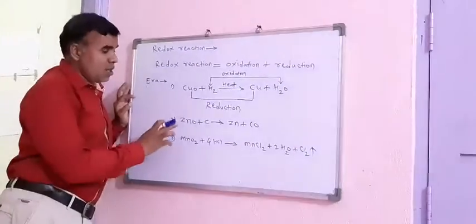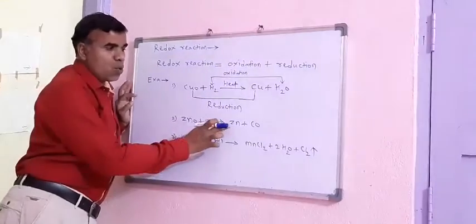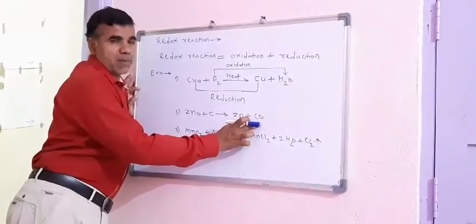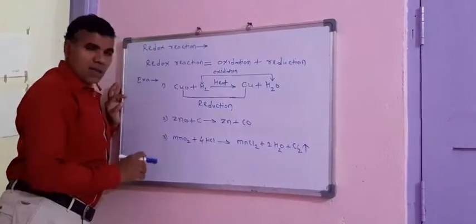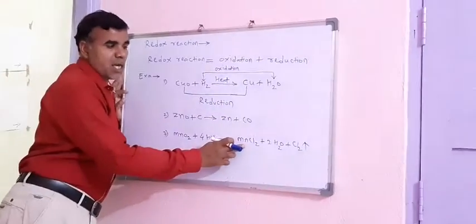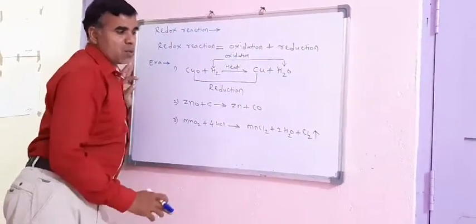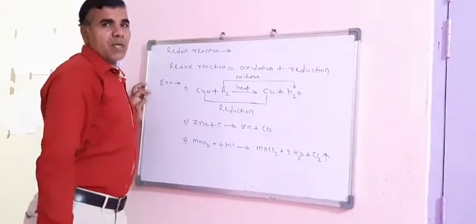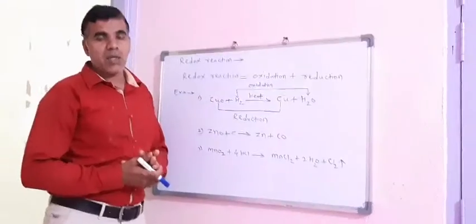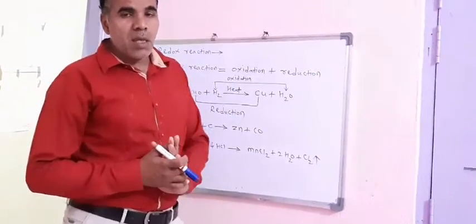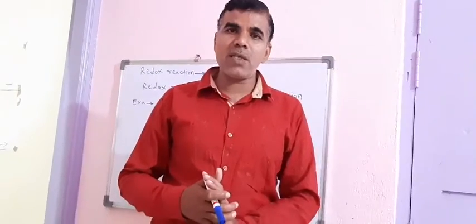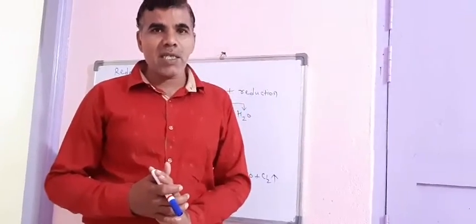Second example, zinc oxide plus carbon to form zinc plus carbon monoxide. Third example, MnO2 plus 4HCl to form MnCl2 plus 2H2O plus Cl2. So these are some examples of redox reactions. A redox reaction means a chemical reaction in which oxidation and reduction take place simultaneously.